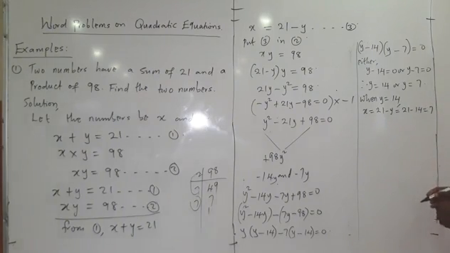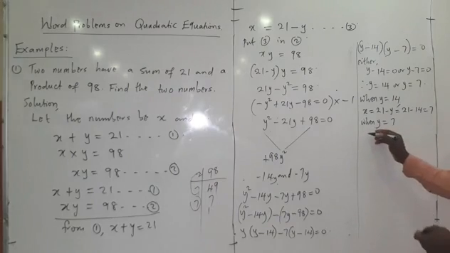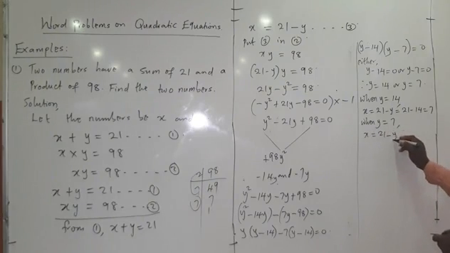Then the second value of x is when y is 7. So we put it in equation 3 as well. So we have x equals 21 minus y, which is 21 minus 7. So 21 minus 7 is 14.